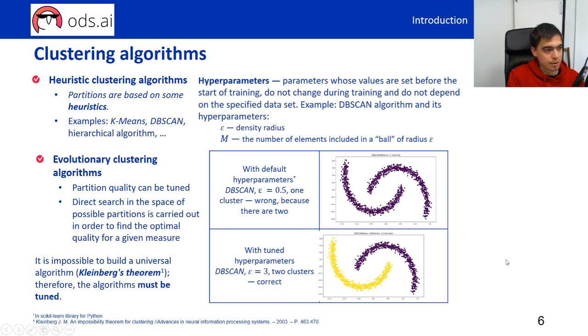This is the example for DBSCAN. In the first example we have one cluster, while it's evident that we have two, and the second example with tuned hyperparameters, where we have two clusters. That is correct.